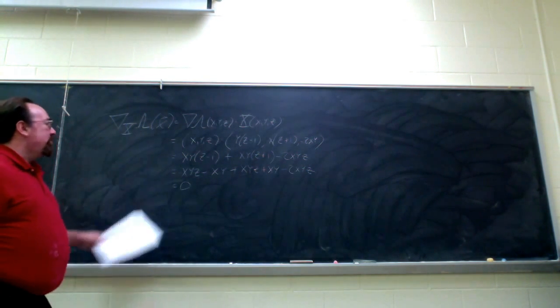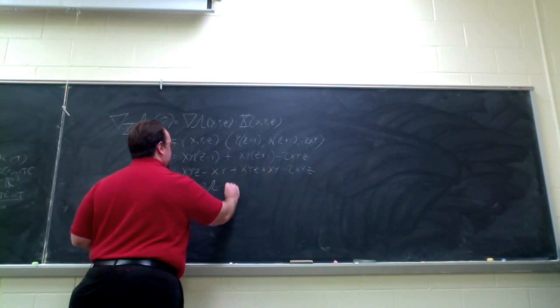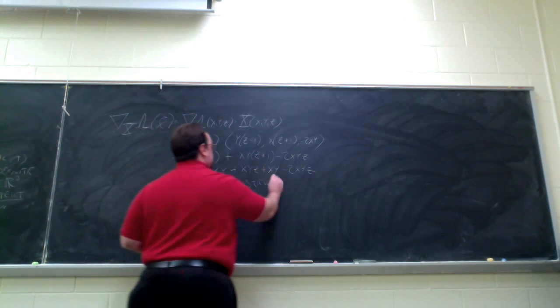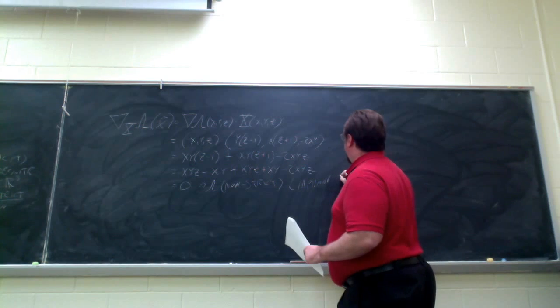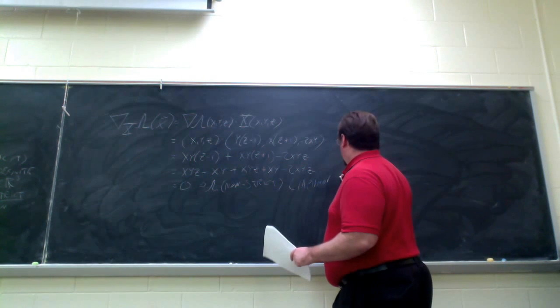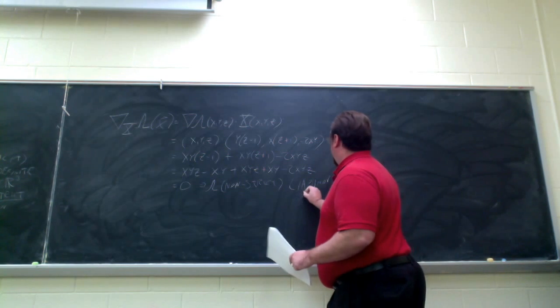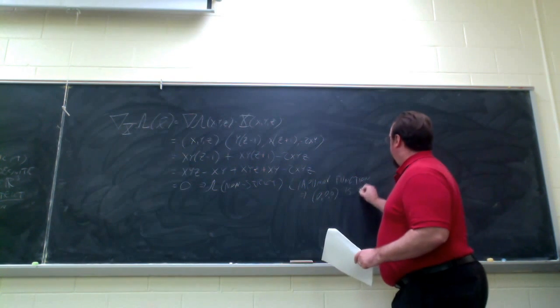Okay, so it equals 0. So that means that lambda is a non-strict Lyapunov function. It would have been strict if the derivative had been negative. So that means that your fixed point, (0, 0, 0), is stable.